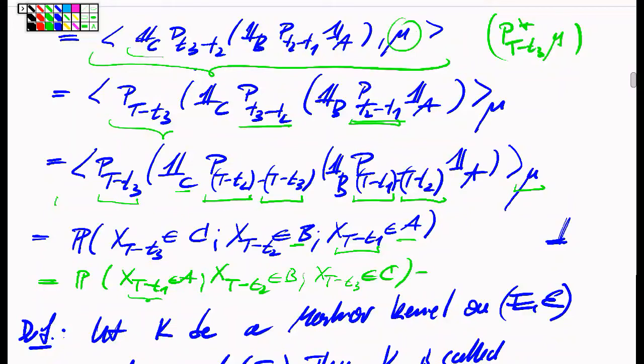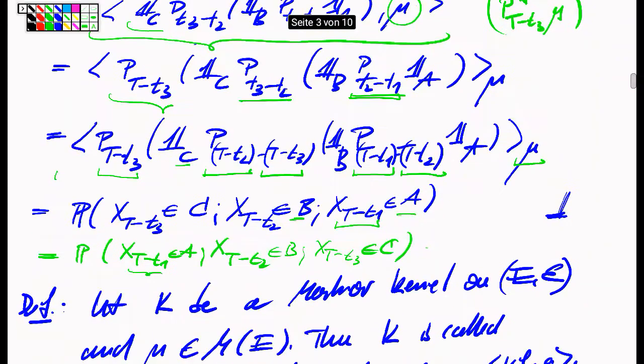And this is exactly the claim on the right-hand side, which appeared in the special case when we have 3 time points and 3 events which determine a certain probability in these finite dimensional distributions.